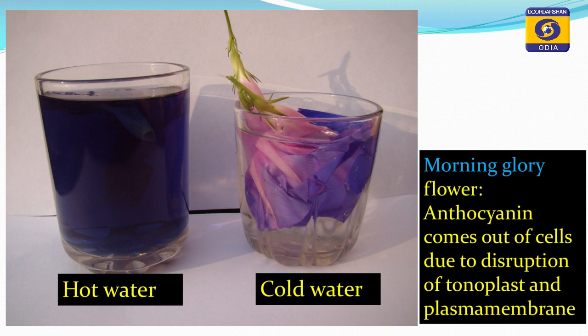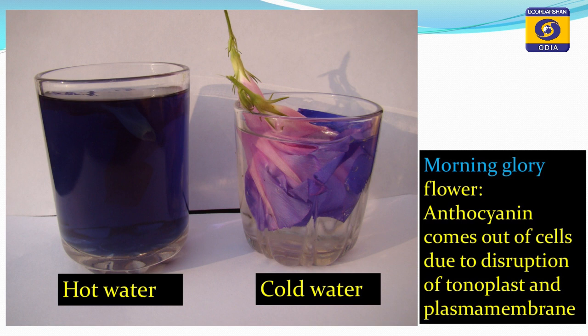When we put it in hot water, the tonoplast, that is the vacuolar membrane, and the plasma membrane are disrupted and the pigments come out. Whereas in the other one, when it is put in cold water at normal temperature, 25 degrees centigrade or so, it does not, as the cells remain intact.